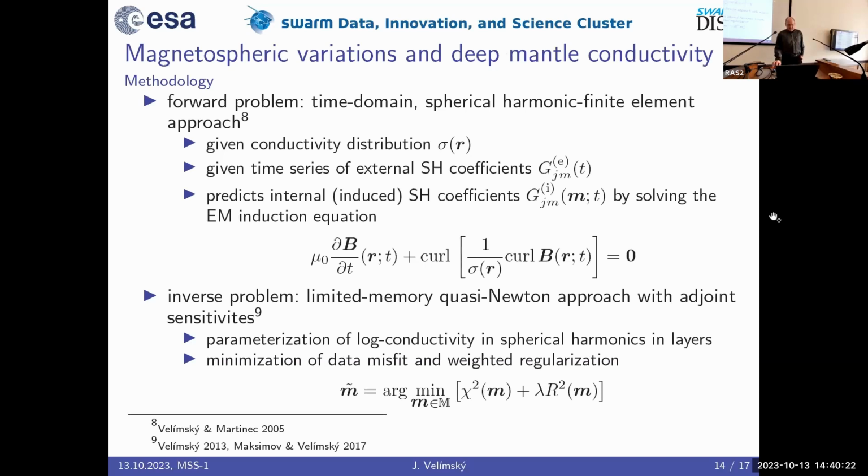Basically what you need is as good a model as possible of the external field coefficients and of course of the induced field coefficients. And then by forward modeling, given the loading by the external field, we predict the internal field and define our misfit as a goodness of fit of the internal field from the forward problem with respect to the data. Of course, with some possible weighting and regularization.